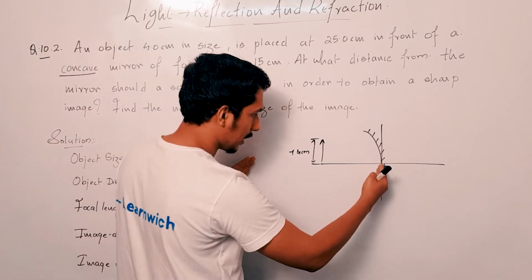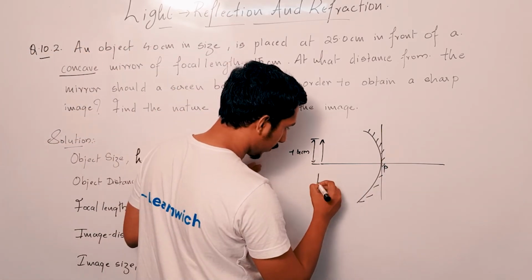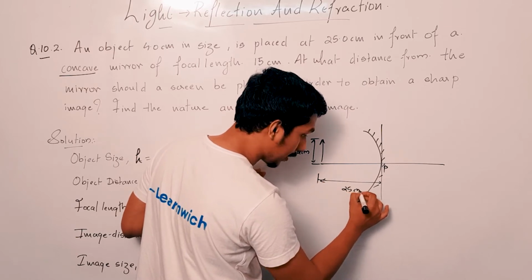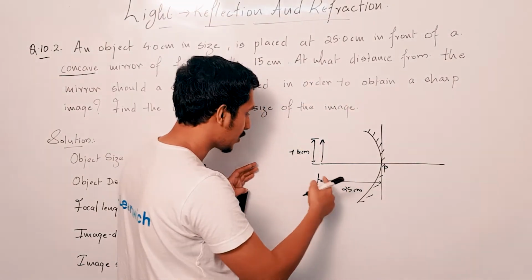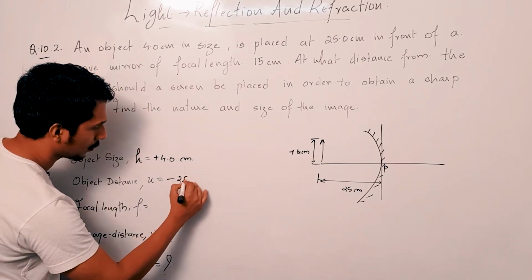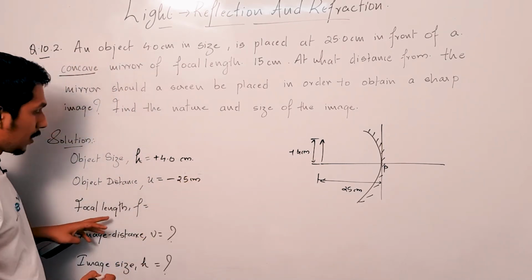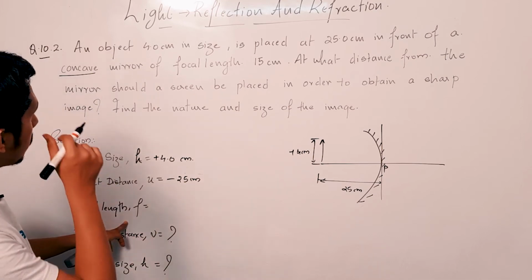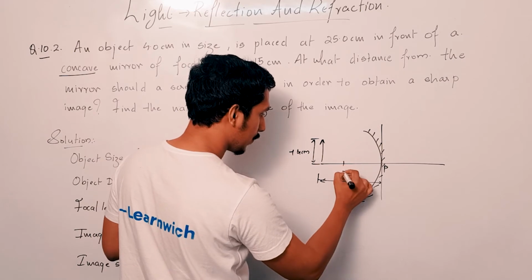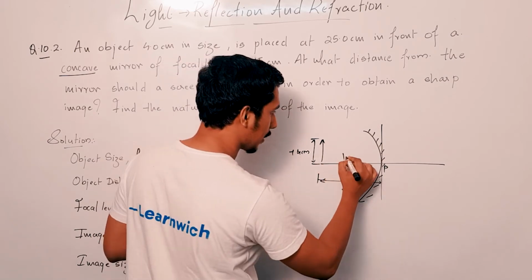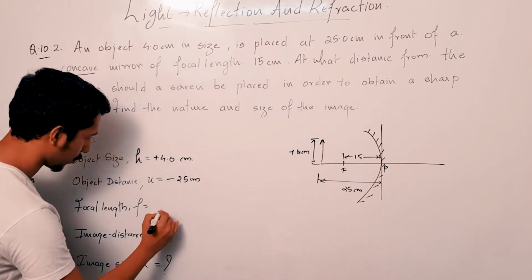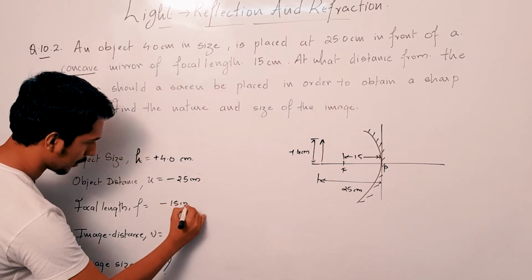It is to the left side, so this will be negative 25 cm. The focal length is 15 cm. For a concave mirror, the focus is on the inside, so that will also be negative 15 cm.